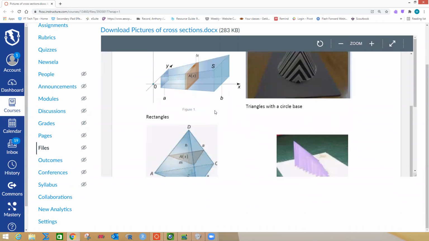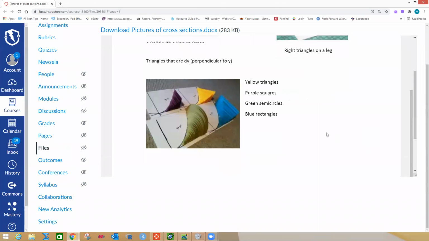Now, the one on the upper right doesn't show very well. Like this is rectangles. So the shaded yellow part is this bottom part, and the rectangles are coming off the bottom. Triangles coming up. Here's more triangles coming up. Let's go down here further because I think I got squares. So if you look here, the yellow one's triangles, the purple one over here, these are squares coming off the page at you. The blue one's rectangles, these are semicircles.